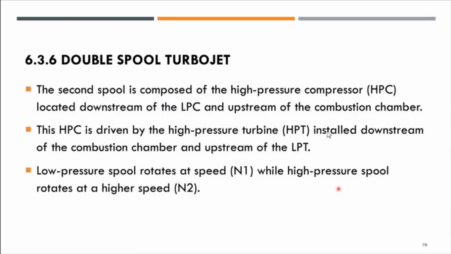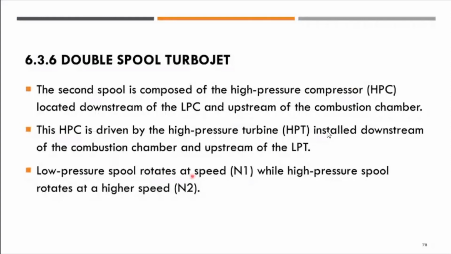Okay. The second spool is composed of the high pressure compressor HPC located downstream of the LPC and upstream of the combustion chamber. So HPC connected to the HPT, right? High pressure compressor connected to the high pressure turbine.